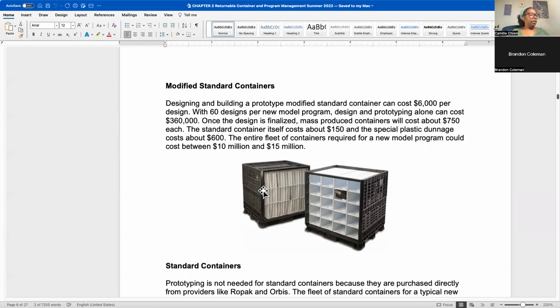If you build a modified container, because they might also be large parts, you can protect them, you can separate them, and they can also be easy for the operator to grab. So when you saw that video for the Ford Rouge plant and you saw where the operators were working, something like this could go there.